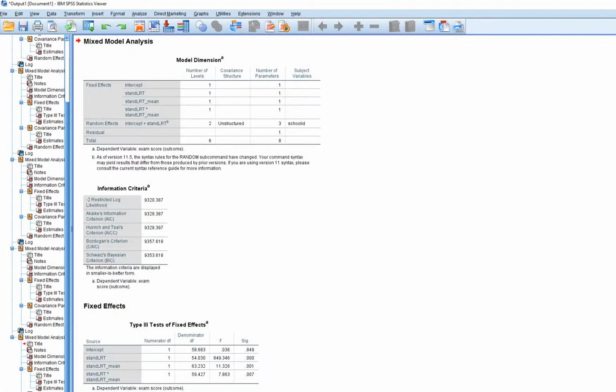Now you can see that we have the fixed effect for the interaction between the level 1 predictor and level 2 predictor. We still have our three variance components at level 2, which are the variance of the intercept, variance of the slope, and the covariance between them. We have the variance of the residuals at level 1, and then we also have the additional three fixed effects that we had in the model previously.